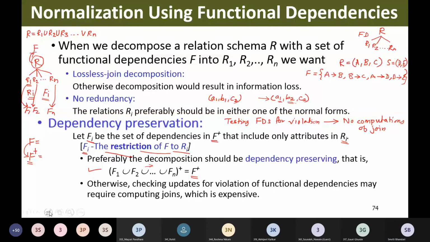And let us assume that this is our set R1 and this is our set R2.